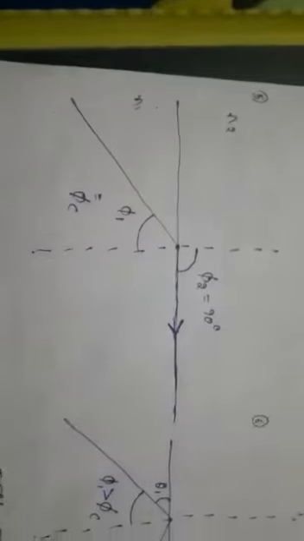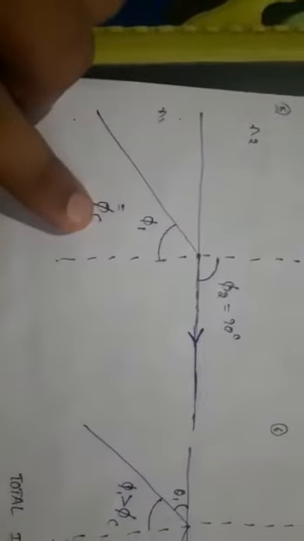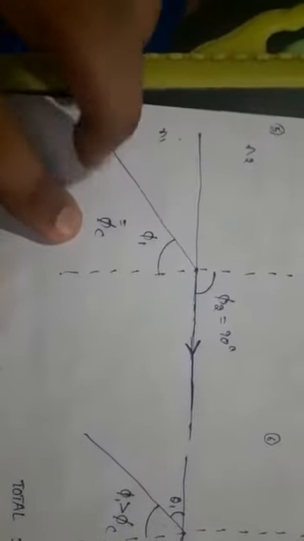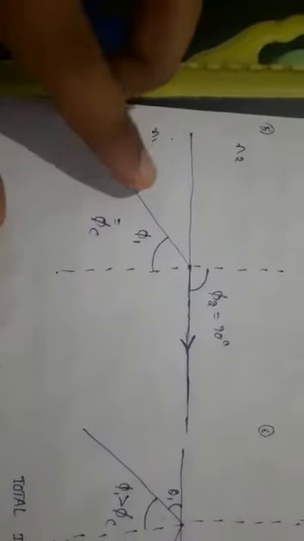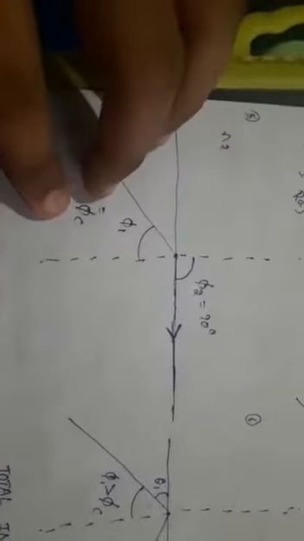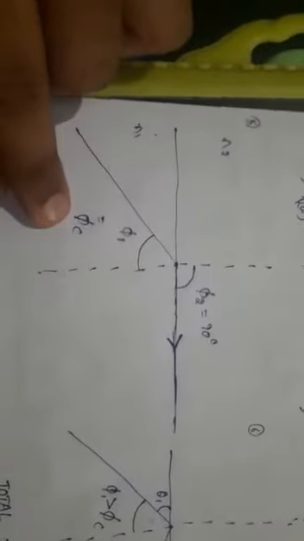That angle is called the critical angle. The angle at which the light becomes parallel to the boundary line is called phi c, the critical angle.